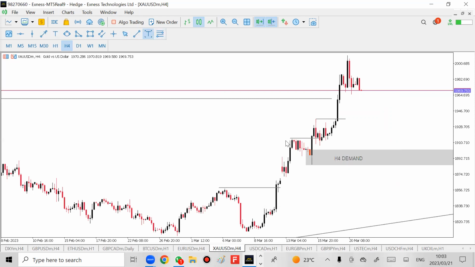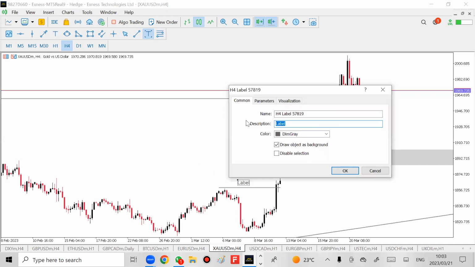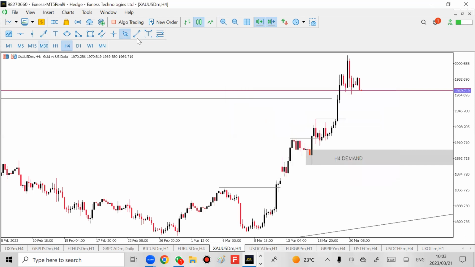This first one is a BMS. Let me show you the choch. The choch should have been here. This was the previous lower high, which was taken out. So this would have been our choch, where the trend changed from bullish to bearish.